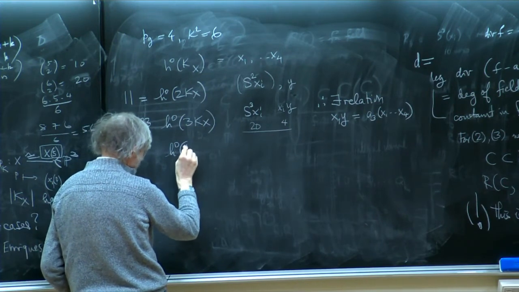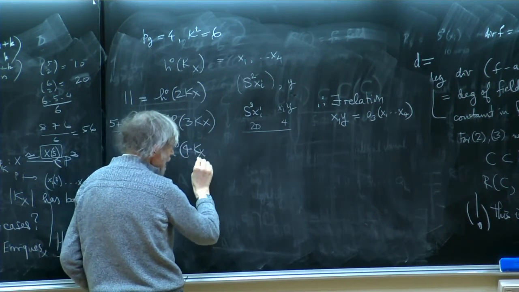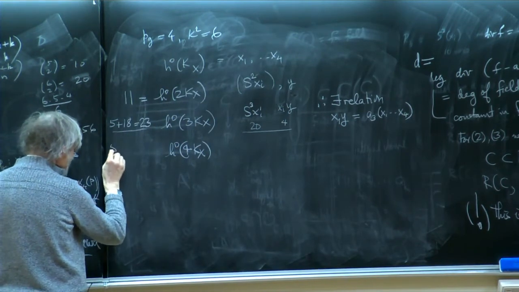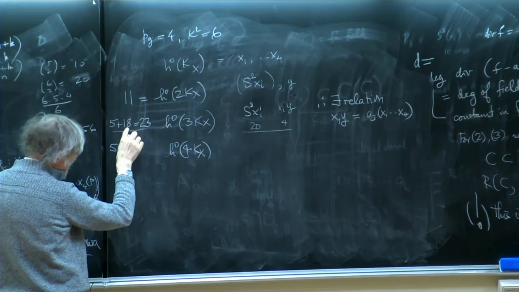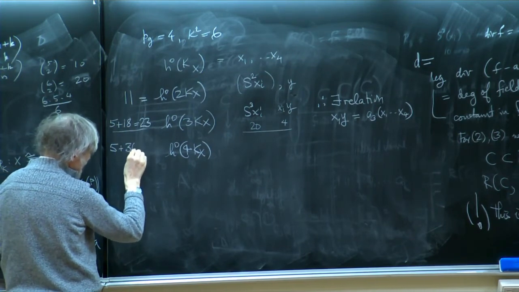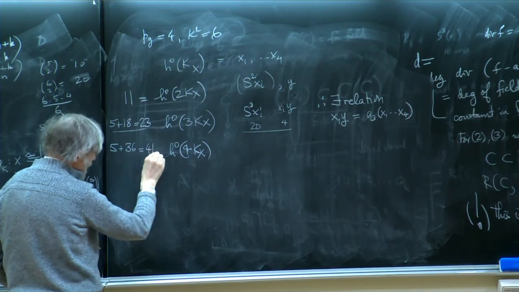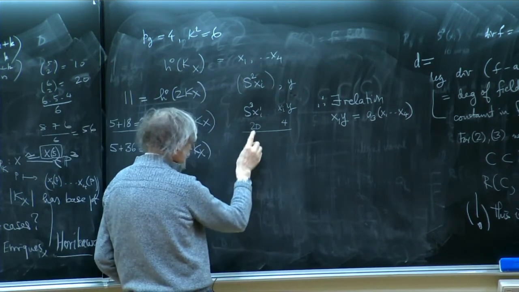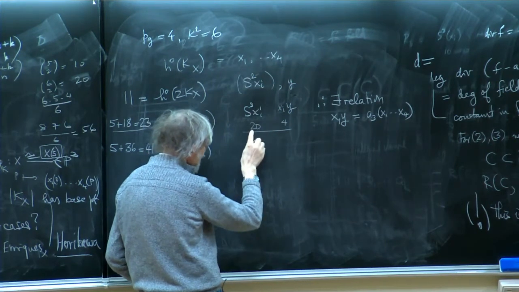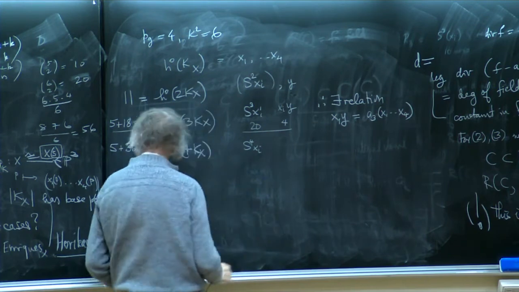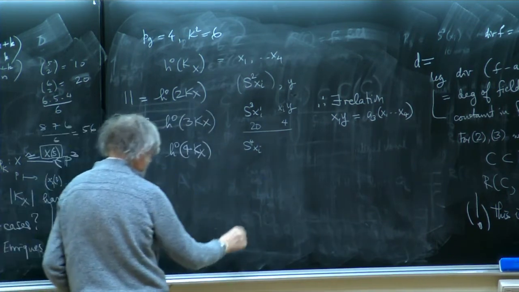H^0 of 4K_X, what happens here? Well, this is 5, and then it's 6 times 6. Right, so this is 41. So what am I getting here? I'm getting S^4 of the x_i, so that's the same as before, that's 35.